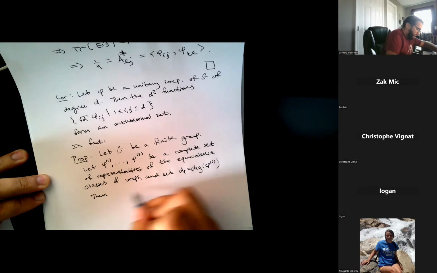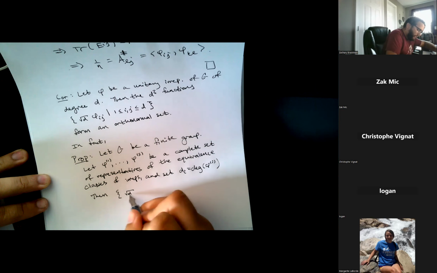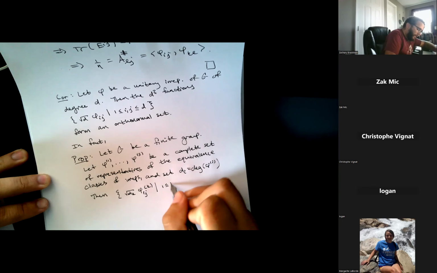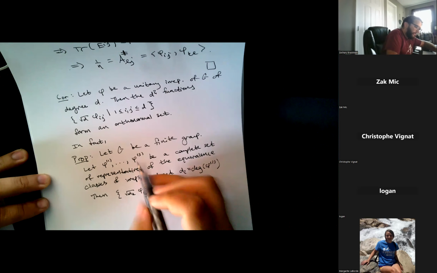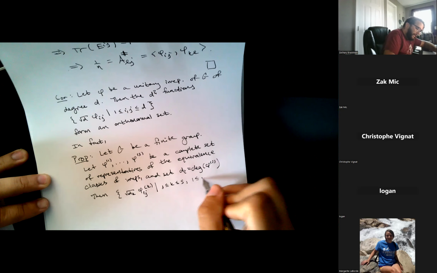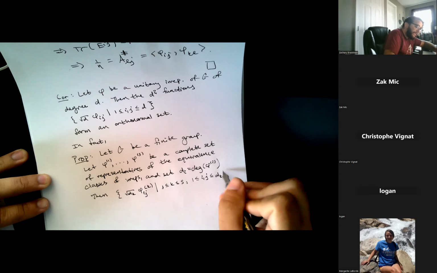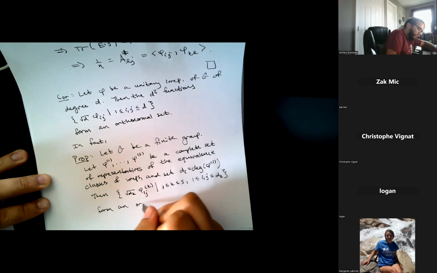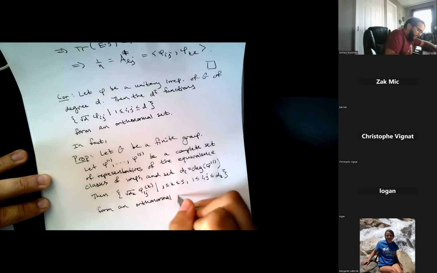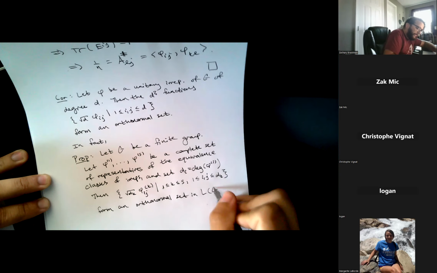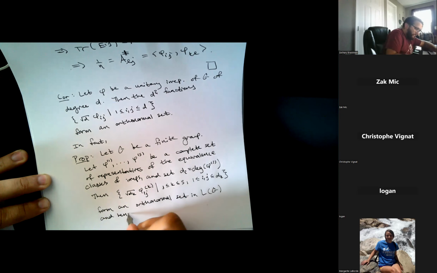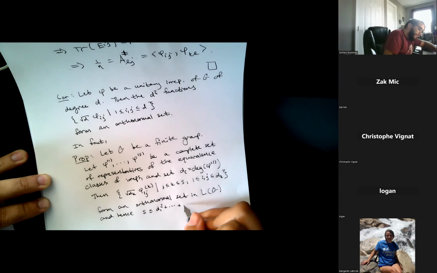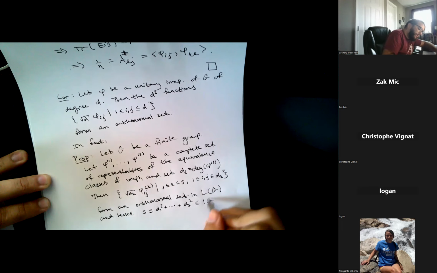Well, then the functions of this form, where k runs between 1 and s, and i and j run between 1 and d_k, form an orthonormal set in the group algebra, and hence s must be less than or equal to d_1 squared plus through d_s squared, and that must be less than or equal to the order of G.